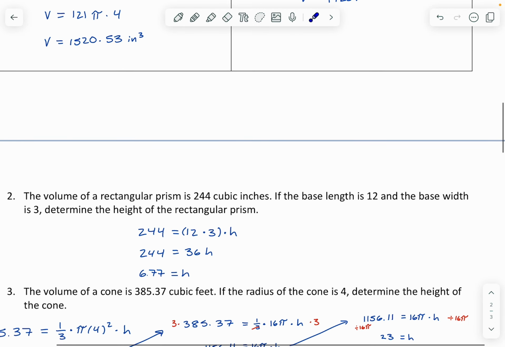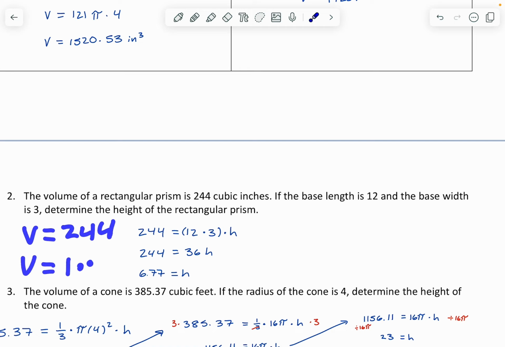Working backwards. The volume of a rectangular prism is 244 cubic inches. So volume is equal to 244. We know that we're dealing with a rectangular prism, so we have length times width times height. Remember that length and width are just for the base. If the base length is 12 and the base width is 3, determine the height.